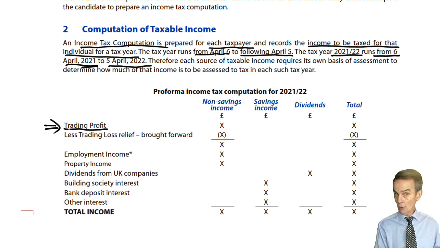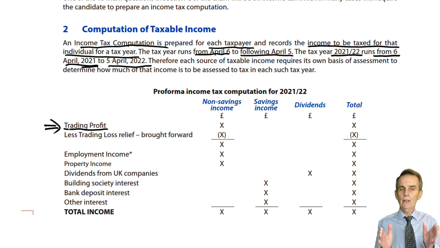But what we'll do there is start with the accounting profit, the net profit as per the statement of profit or loss. And if there are expenses that have been clearly deducted in deriving the accounting profit, but they're not allowable for taxation purposes, then they'll be added back in the adjustment of profit, increasing the accounting profit to make it acceptable for tax purposes and deriving the tax-adjusted trading profit.